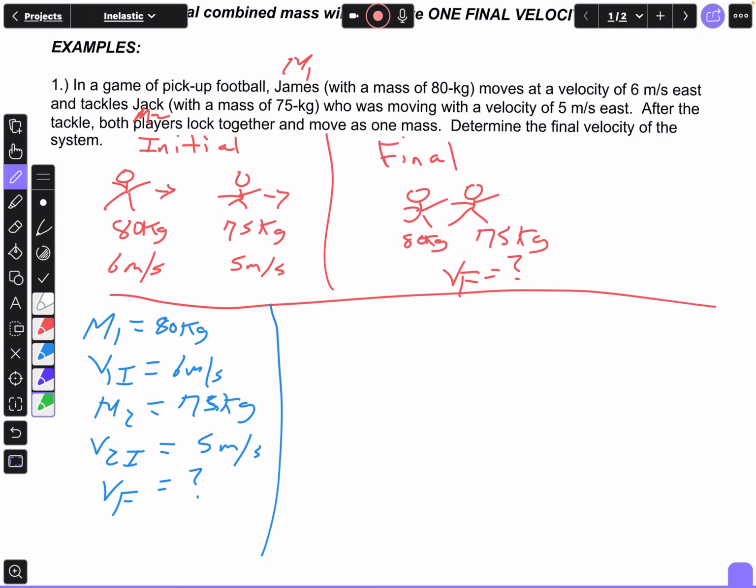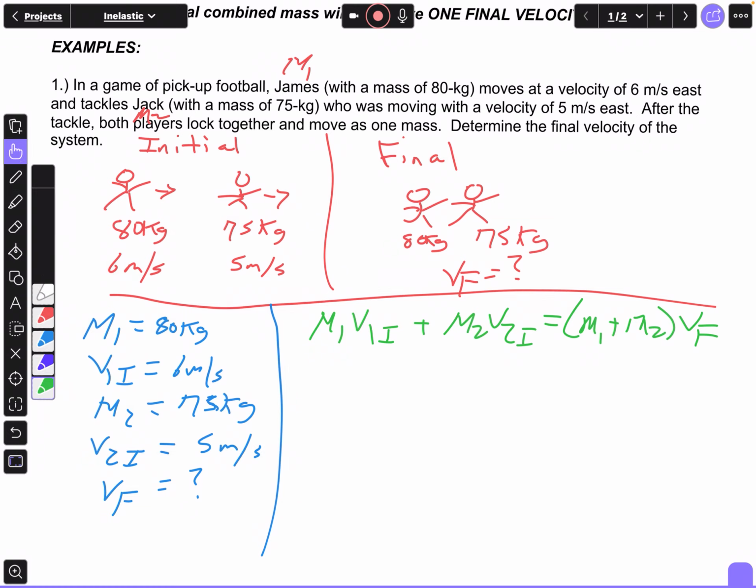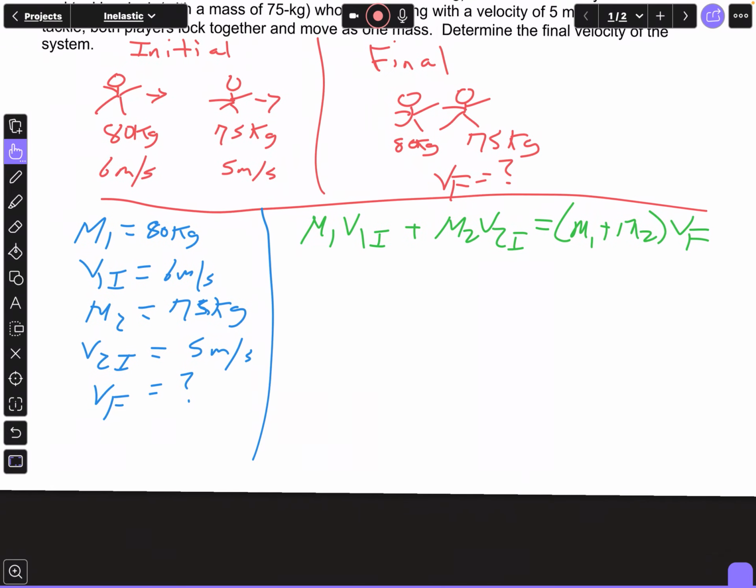Okay, our next step is to write our equation. We write M1 V1I plus M2 V2I equals M1 plus M2 times our final velocity. Now our steps are to substitute and solve.